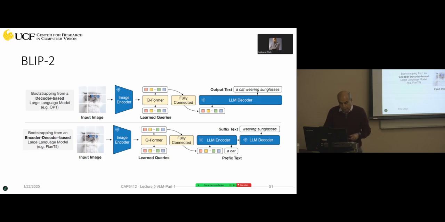So that is one way, where we have a decoder, but we can also do an encoder and decoder. The difference when we're using the encoder and decoder is that we can do it in an autoregressive fashion. Here it is outputting a cat wearing sunglasses.